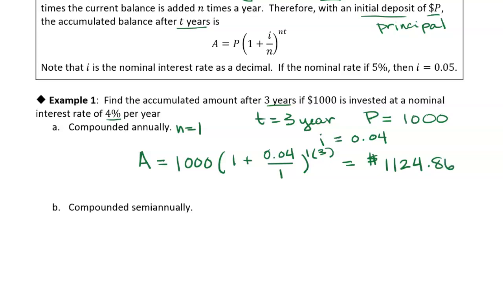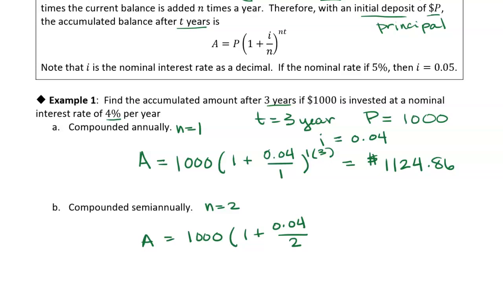Let's do the same thing, only now we're going to compound semi-annually. That just means twice a year, so N is equal to 2. We're going to use the same formula. I'm going to put in the $1,000 for P, 1 plus 0.04, and this time our N is 2. So we're compounding twice a year, and each half of the year it earns half of that interest rate.